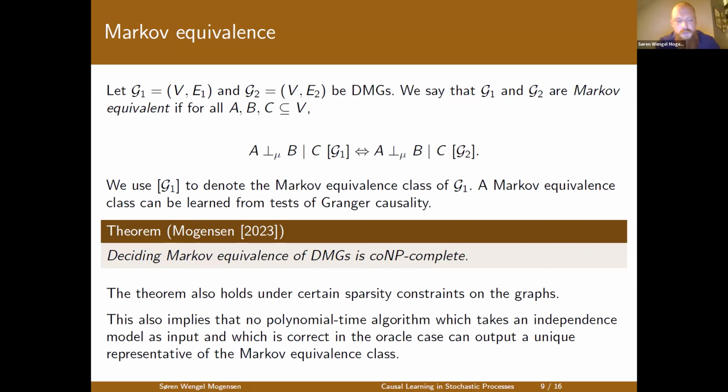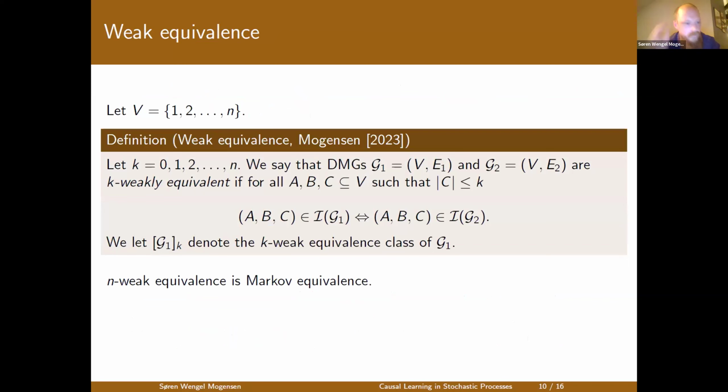And actually, this result also holds under certain sparsity constraints on the graph. So just saying that there's a fixed number of parents, that's not going to fix this issue, unless it's a very small number of parents. Okay, so this tells us that we need to do something else, and for this reason, we introduce this weak equivalence.